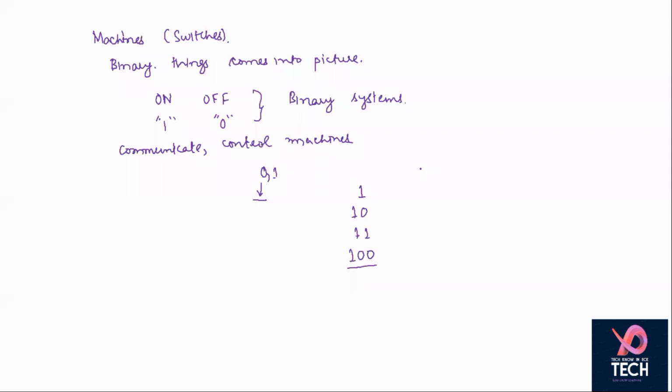Similar to decimal, where you have 9, then 10, and after 99 it moves to 100, then 1000, then 10,000, and so on. So this is for decimal, and this is for binary.